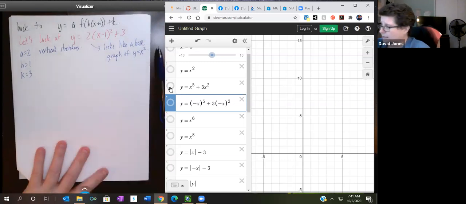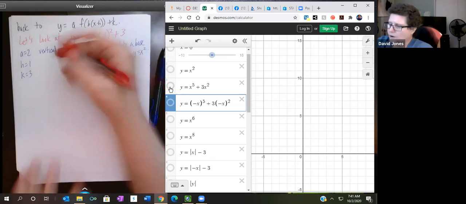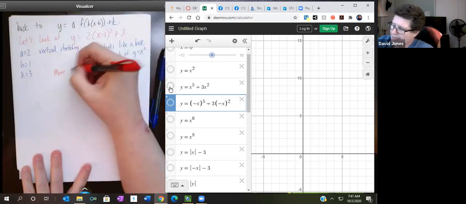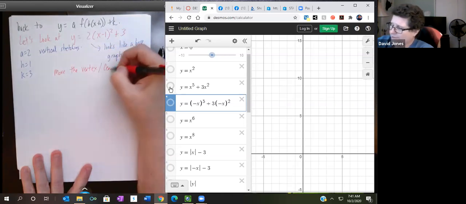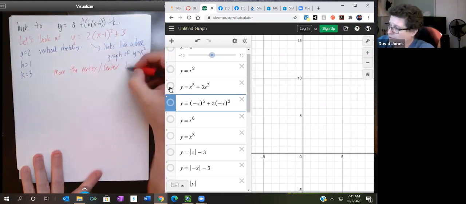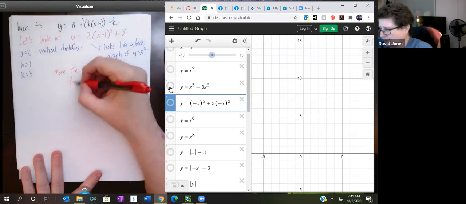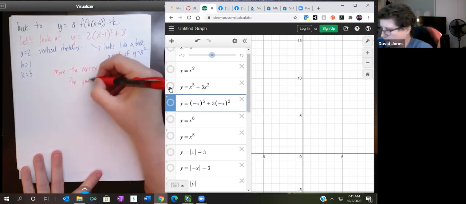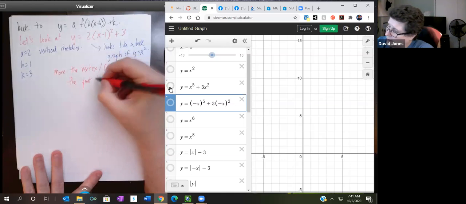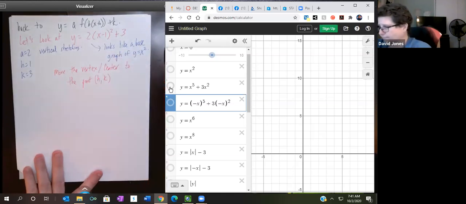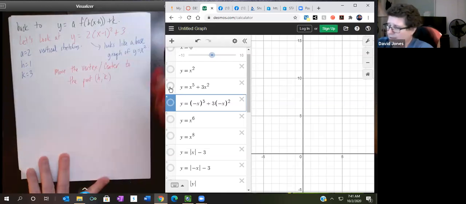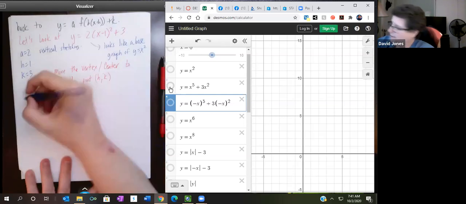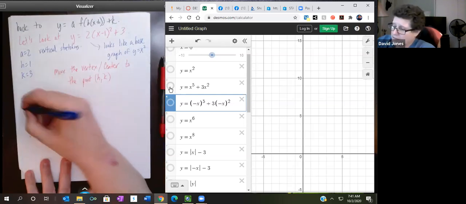So, how do we graph this? Move the vertex to h, k, or center. I said vertex because it's a parabola, to the point h, k. Then what do we got going on? Delta x, delta y.